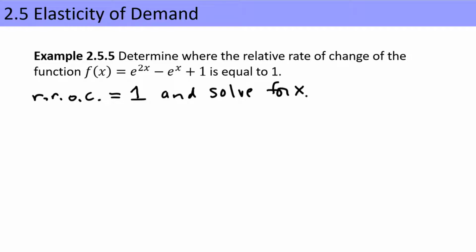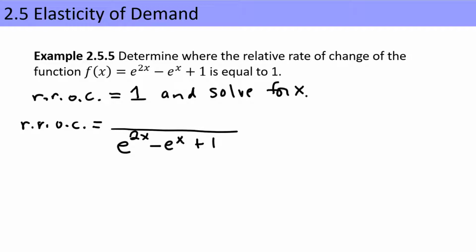Let's begin. The relative rate of change is the derivative of the function divided by the function. So the denominator will remain the function e to the 2x minus e to the x plus 1. Let's take the derivative of the numerator.